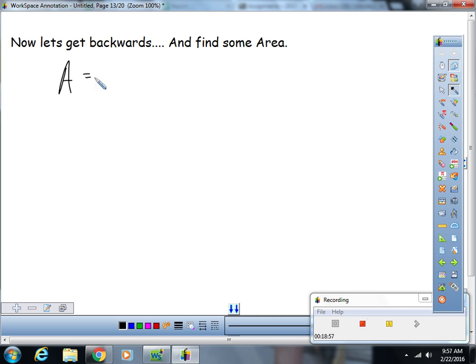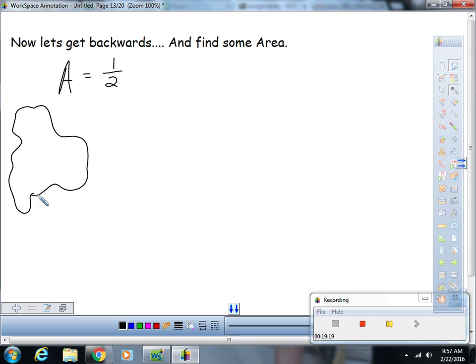So, there's a proof for this, but let me just tell you that the area, again, it's got to be a closed loop, okay? The area inside that closed loop, even if it's this funky amoeba-looking thing, you can find the area inside of there, okay? As long as you can break this up into smooth paths, okay?